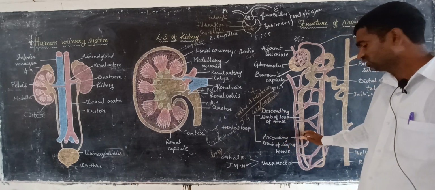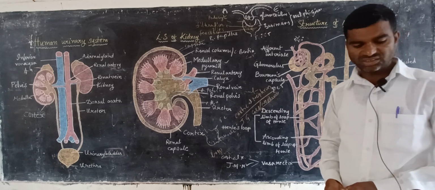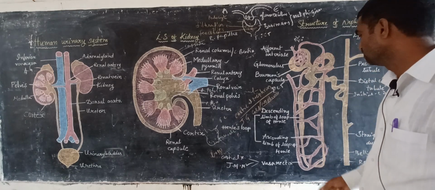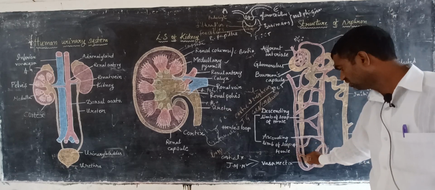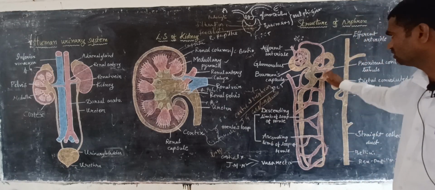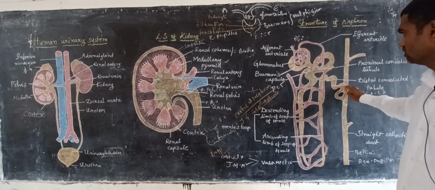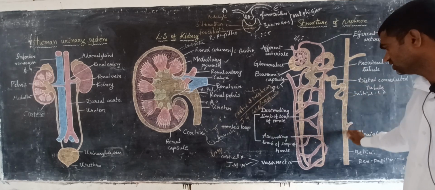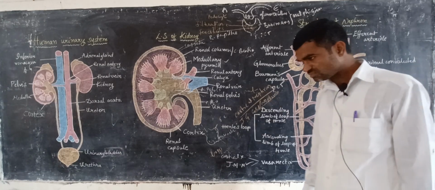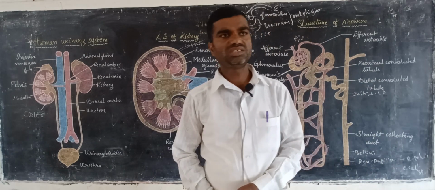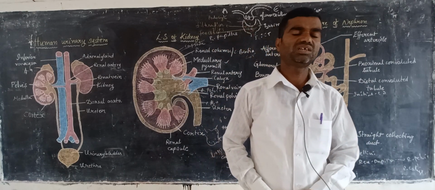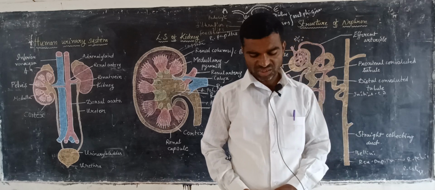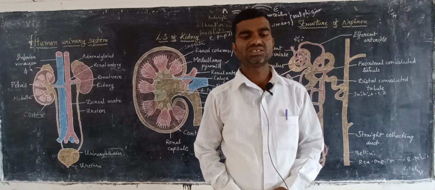Likewise, the cortical and juxtamedullary nephrons are formed on the outer and inner sides of the medullary region. Now H2O molecules, further it is forming here, that is the urine. The formation of urine involves various steps. The first one is ultrafiltration, and the second is tubular secretion.